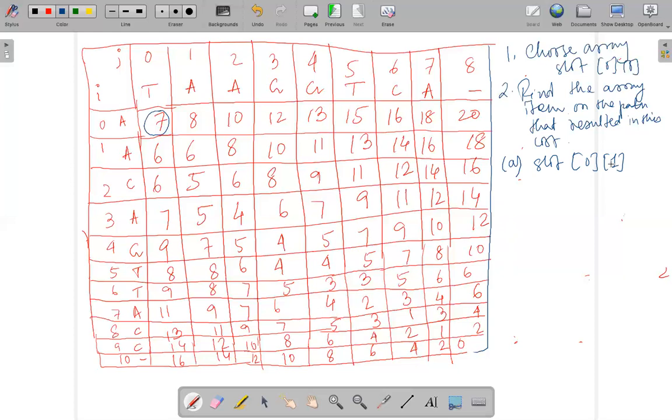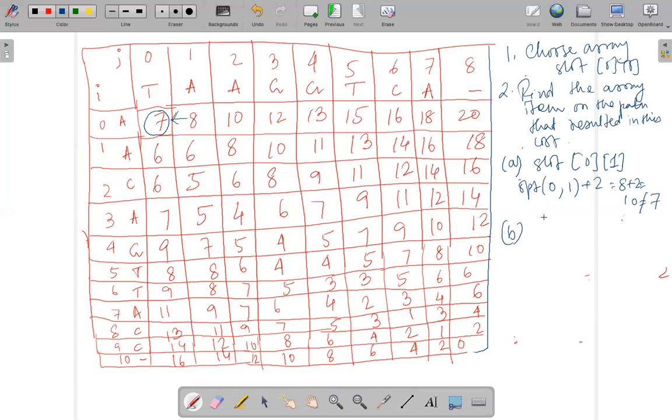So the cost would be OPT 0, 1 plus 2, that is 8 plus 2, that is 10, which is not equal to 7. Therefore, you have not come through the path of 8. That you can immediately conclude.